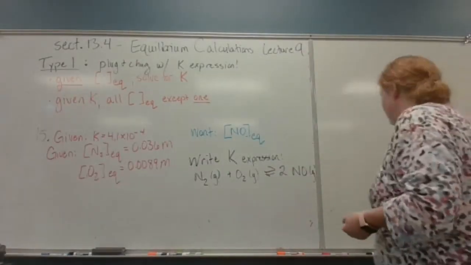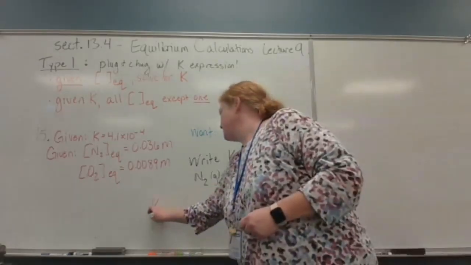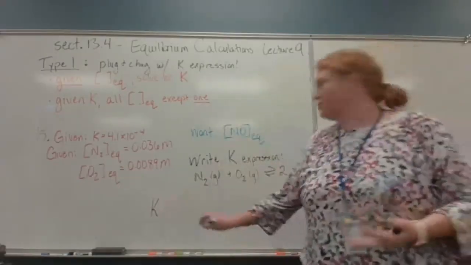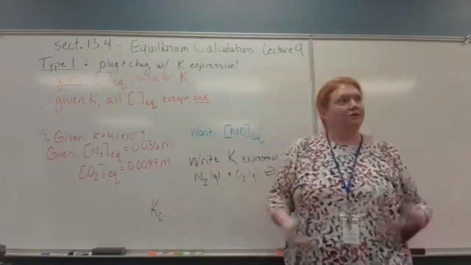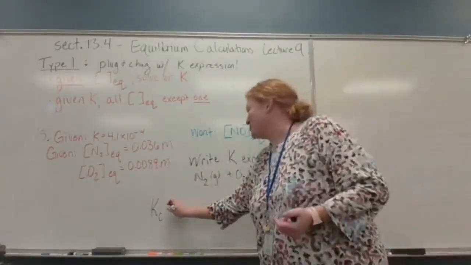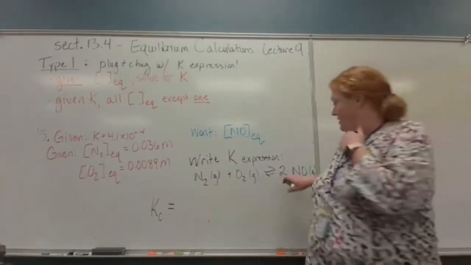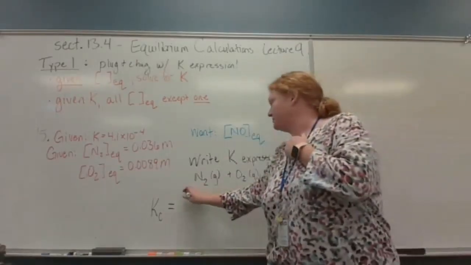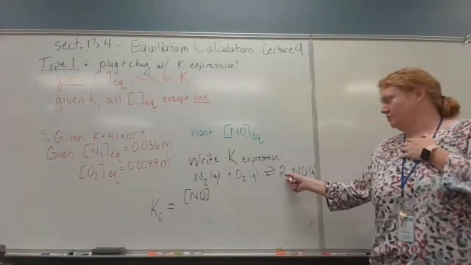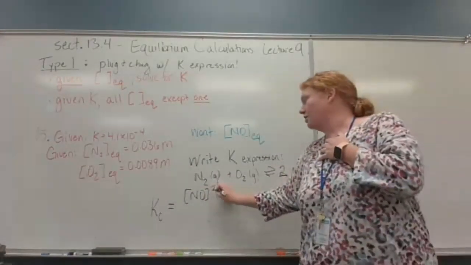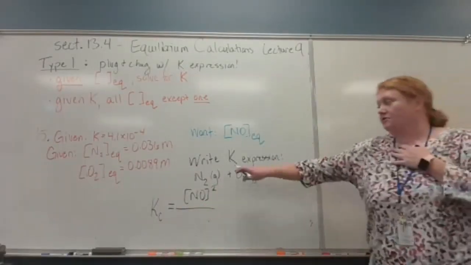What is K? If that's your equation. And I'm using concentrations here, so I'm specifically finding KC, but that's duh, okay? That's what we have is concentration. So products over reactants, right? Concentration of NO raised to the what power? 2 squared divided by what?